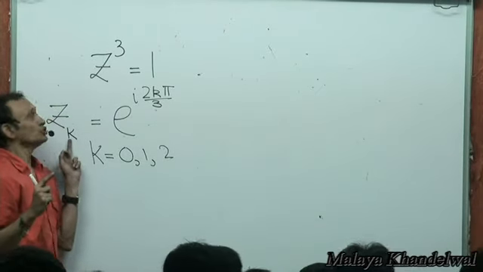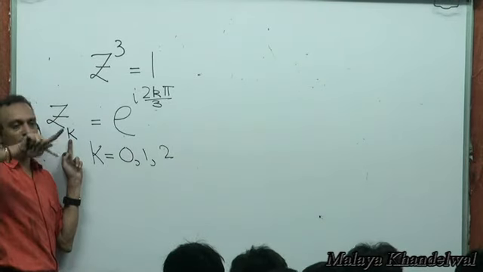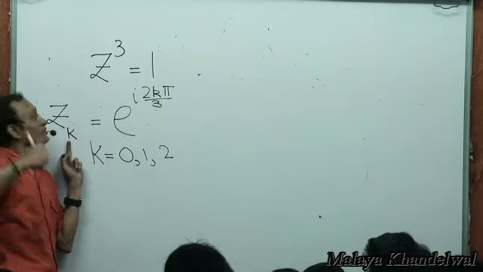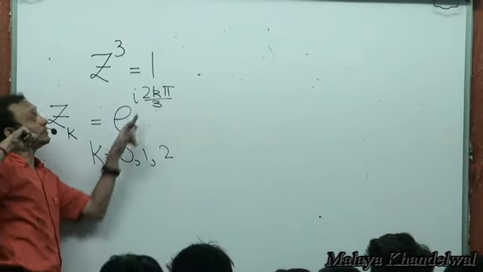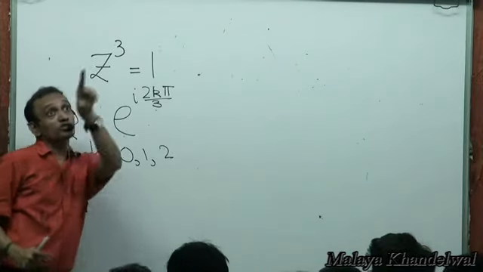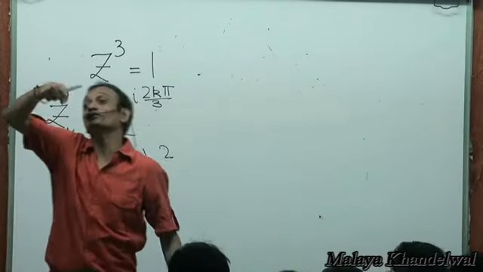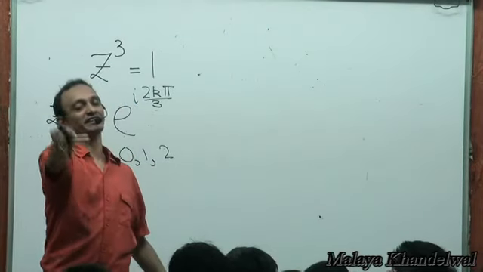Once again, these 3 cube roots of unity, like before, will lie on a unit circle centered at the origin. These zk's would be in geometric progression with common ratio e to power i 2 pi by 3. And they constitute the vertices of a regular three-gon polygon. A regular three-gon polygon is an equilateral triangle.